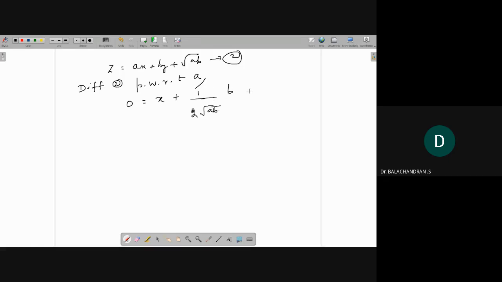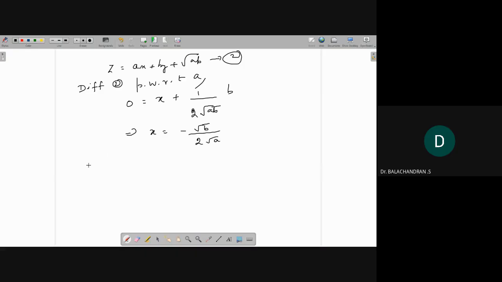So from this, x is equal to minus root b divided by 2 root a.